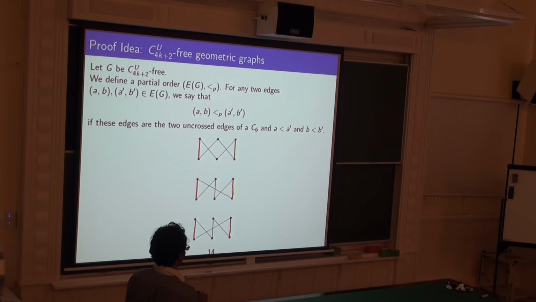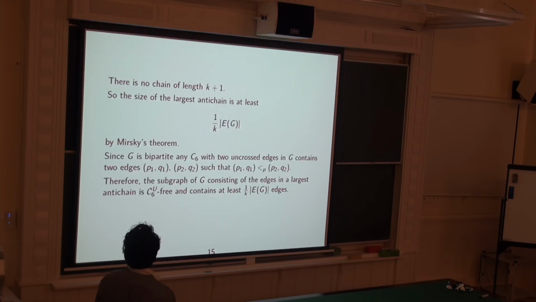So in this poset, there cannot be a chain of length k plus 1, which means that the largest anti-chain has size at least 1 over k fraction of all the edges by Mirsky's theorem.